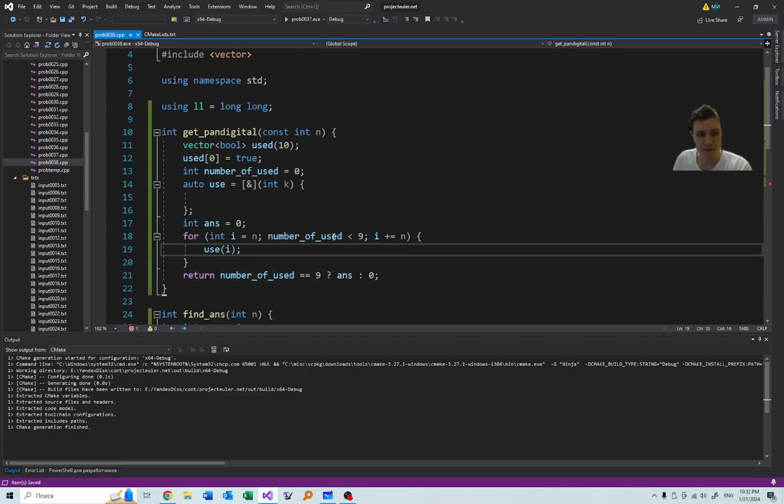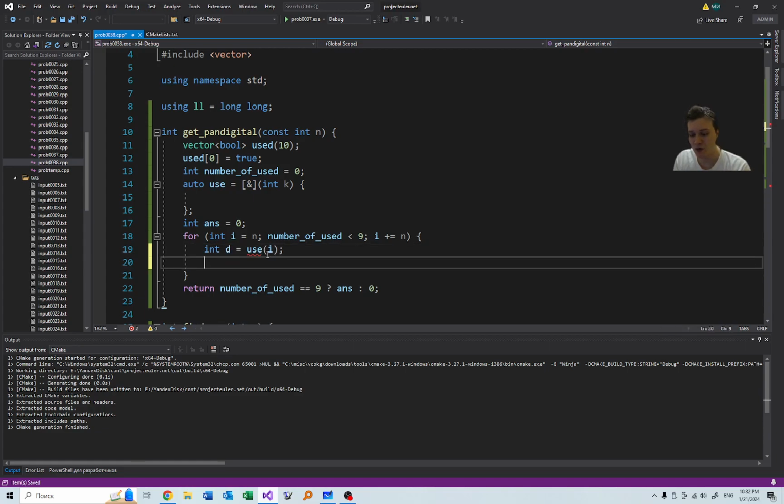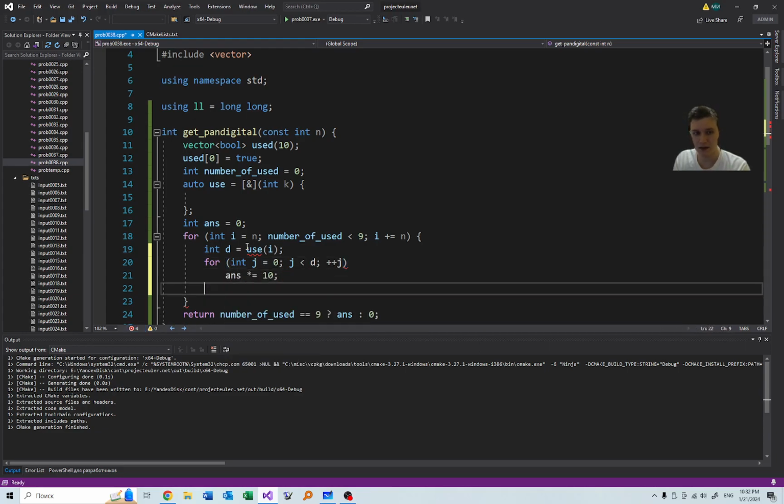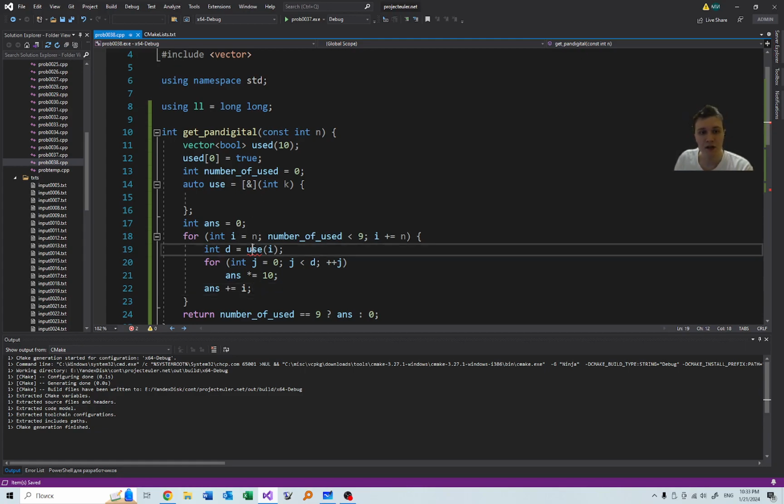Here we need to store the number of digits in I. Then our answer should be multiplied by 10 d times. And after that, ans plus equals I. So we have concatenated number I. So now the only thing which we need to do is to store in this use function.